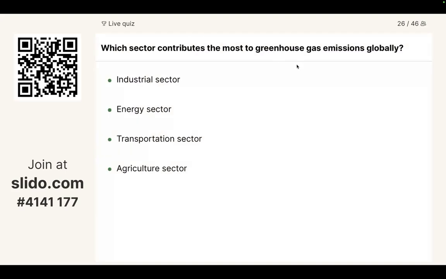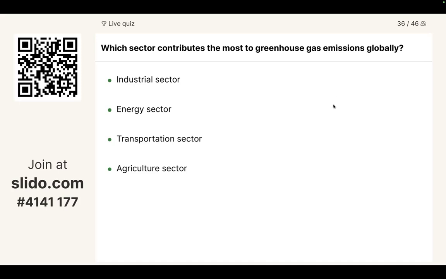Quick. Which sector contributes the most to greenhouse gas emission globally? Which sector do you think is producing the largest amount of greenhouse gas? I believe you understand the difference between pollution and carbon dioxide, greenhouse gas emission, right? People have started answering in the chat box as well. I have received answers from Dr. Mihir, Utkarsh, Ajinkya, Gaurav, Rajiv, Rahul, Sen Gupta, Neha.